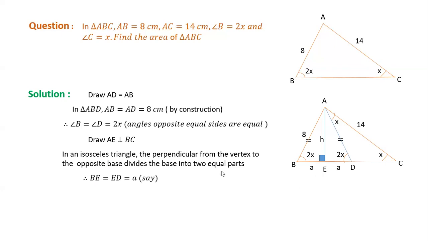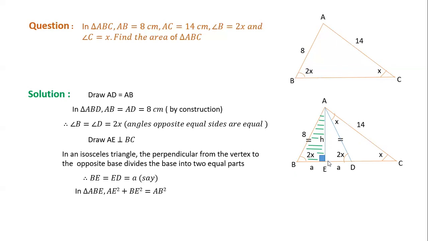Now consider this particular triangle AEB, which I have marked with green color so you will know that this is the triangle under consideration. This is a right angle, and therefore this is a right angle triangle. Because it's a right angle triangle, we apply the Pythagoras theorem. In triangle ABE, this is the hypotenuse and these are the two perpendicular sides.